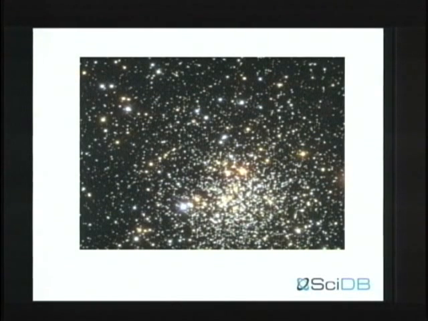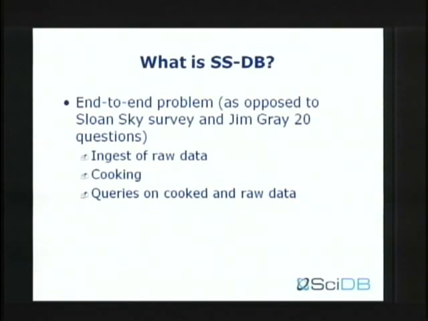Jacek's workload looks like this. Telescope takes this. Then what happens is that you end up doing a whole bunch of workflow downstream. So you want to capture the end-to-end processing from telescope to derived data products to queries. Basically, this benchmark is: ingest a bunch of raw data, cook it into a bunch of derived data products.